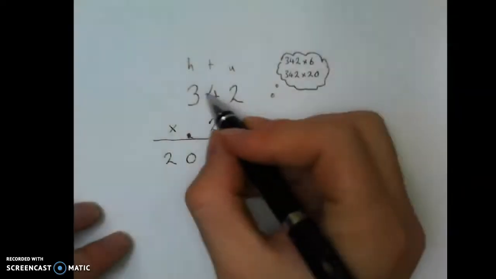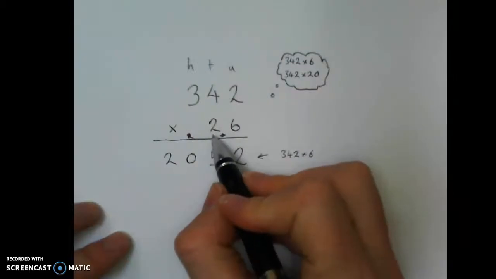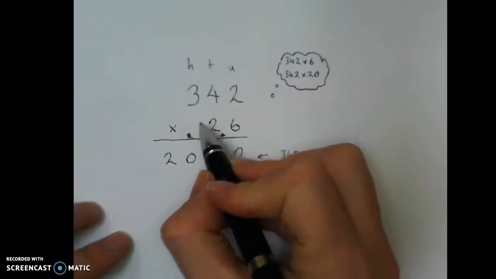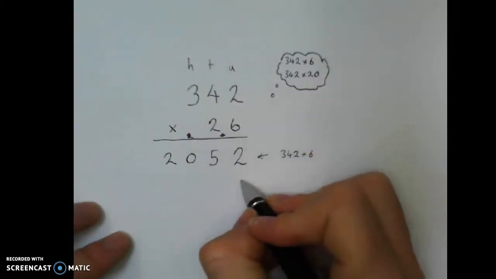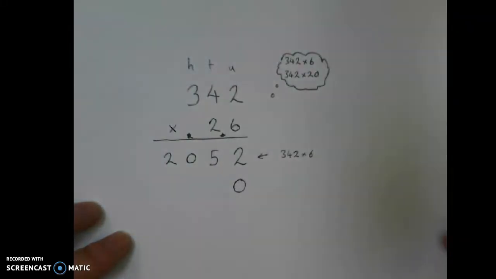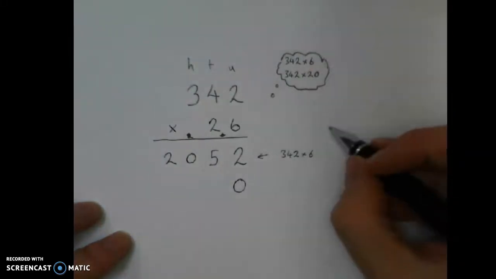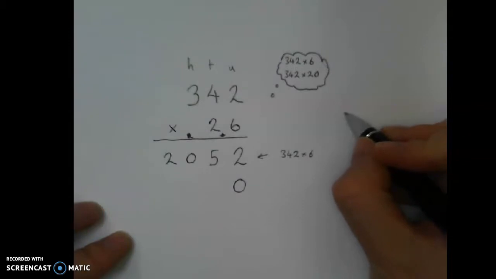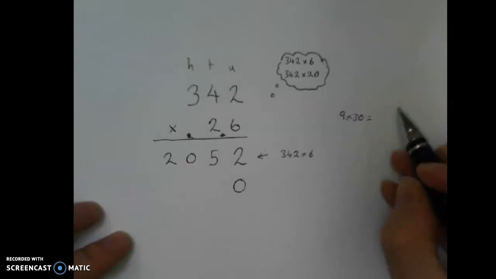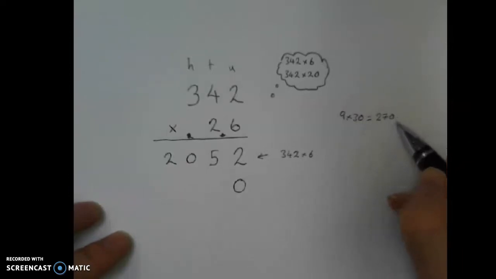Now we're going to go 342 times, we're not timesing it by 2, we're timesing it by 20. That is why we put our 0 down, because if you're multiplying something by 30, say 9 times 30, it's very simple, it's just 9 times 3, 27, plus the 0.